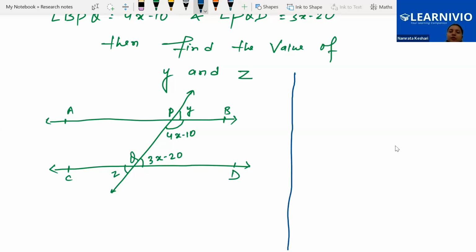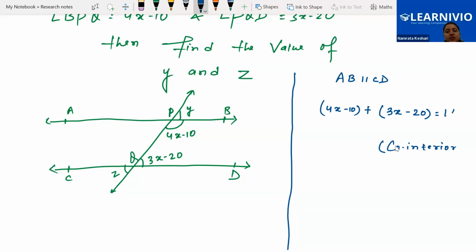Are you able to do it? Can we say if AB and CD are parallel, then 4x minus 10 and 3x minus 20 added together will be 180? Co-interior angles, or interior angles on the same side.